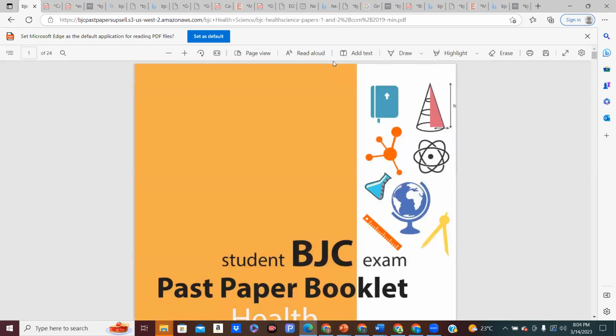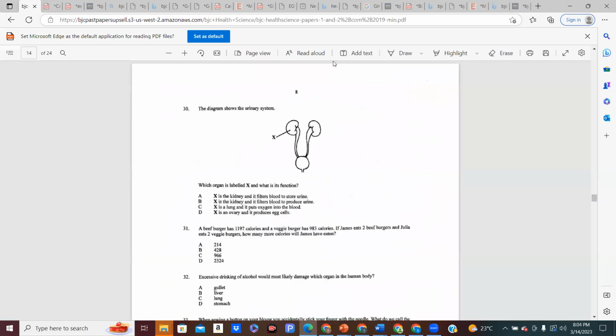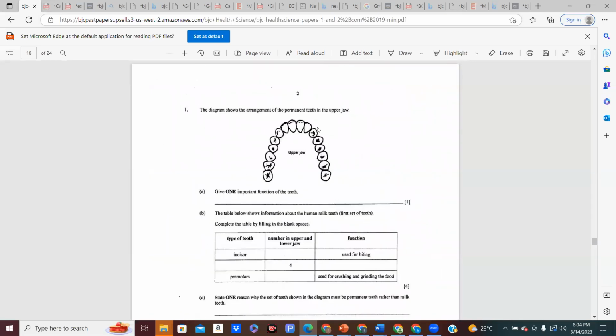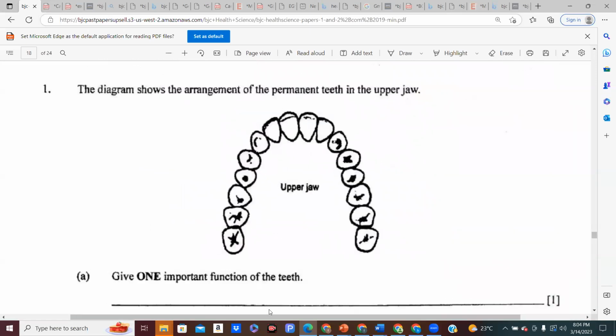And interestingly enough, paper 2 begins with a very good topic. It begins with teeth. So let's look at this one. Okay, good. So this is the teeth.